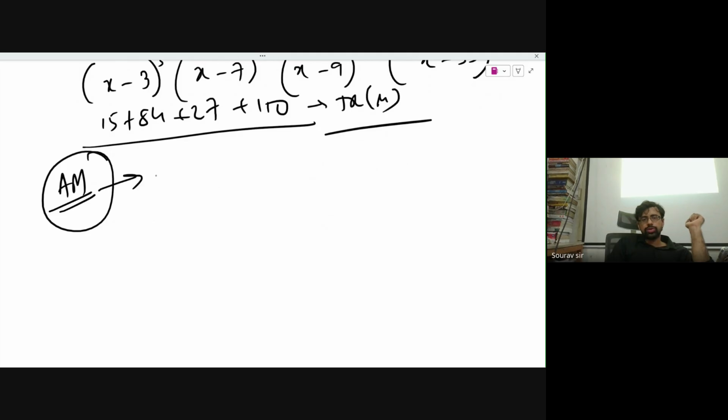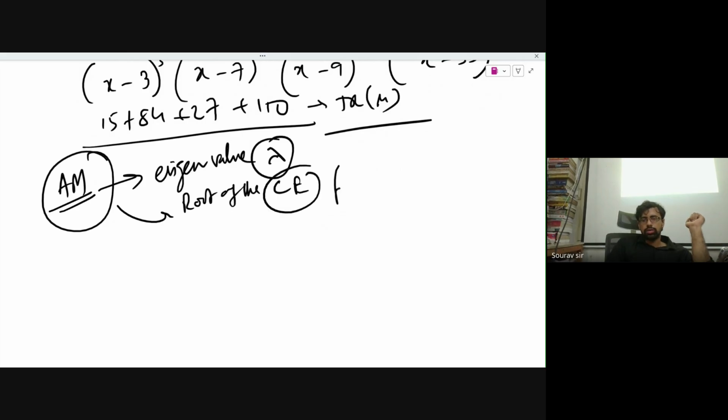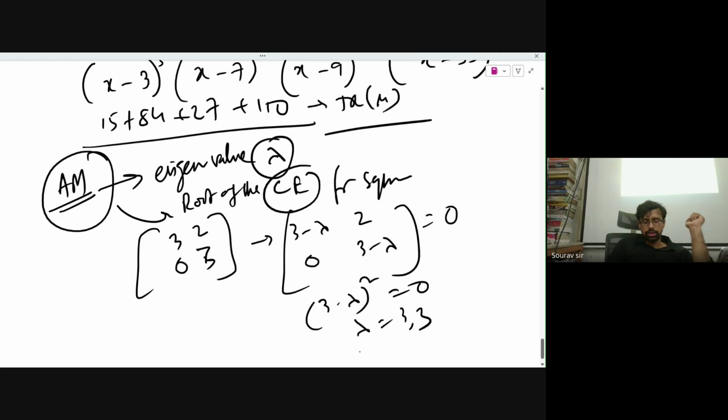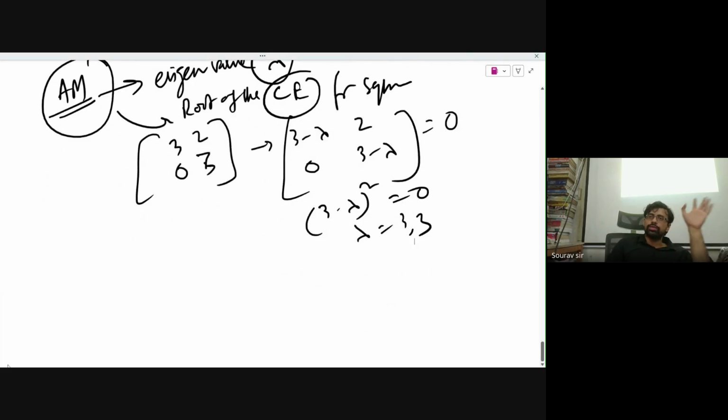Algebraic multiplicity happens with respect to eigenvalue के हिसाब से। मान लेते हैं eigenvalue है lambda. इसे हम लोग लेंगे AM इक्वल टू root of the characteristic equation. फॉर स्क्वायर केस, आंसर क्या है? 3 2 0 3, ठीक है। इसे हम लोग अगर लेंगे तो 3 minus lambda, 2, 0, 3 minus lambda, ये इक्वल टू 0 होगा। सॉल्व करने से क्या होगा? (3 minus lambda) whole square minus 0 इक्वल टू 0। सो lambda क्या है? 3, 3.